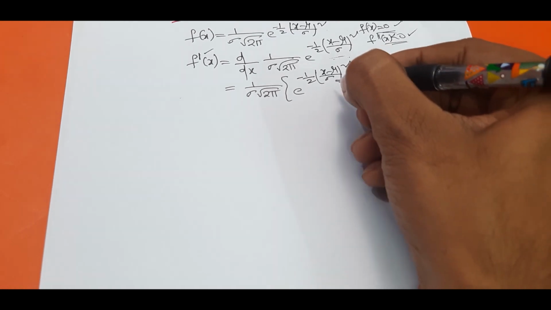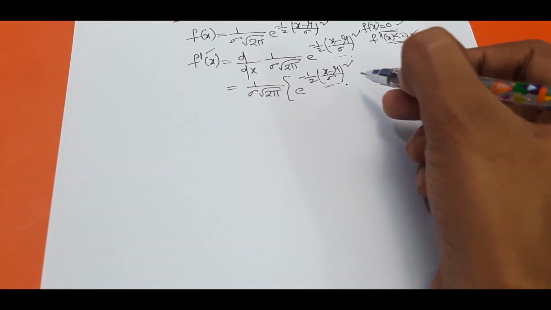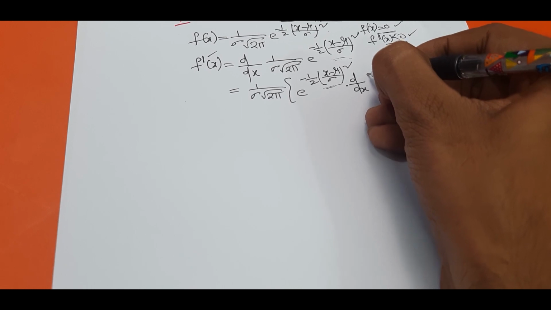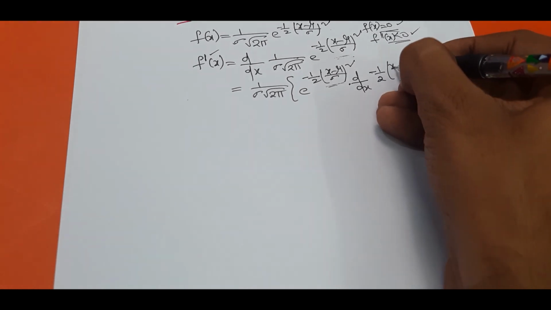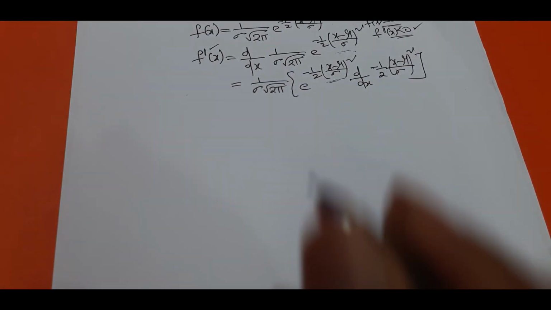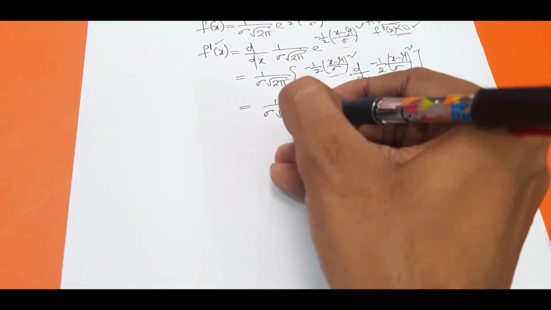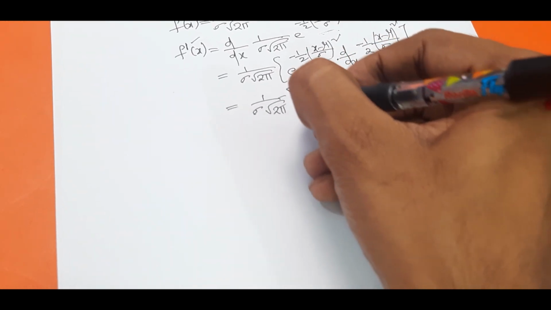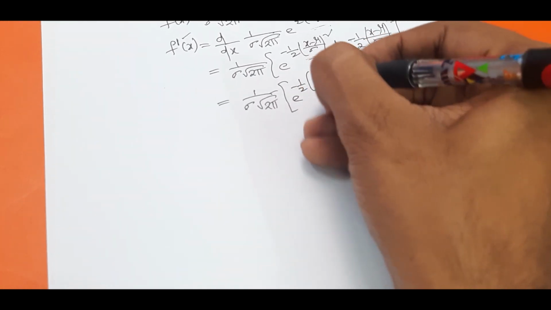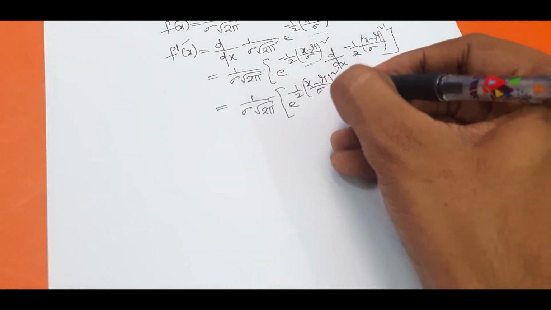Now we have to do the differentiation of the exponent, that is d by dx of minus 1 divided by 2 (x minus mu divided by sigma) whole square. This gives 1 divided by sigma into root 2 pi into e power minus 1 divided by 2 (x minus mu divided by sigma) whole square.